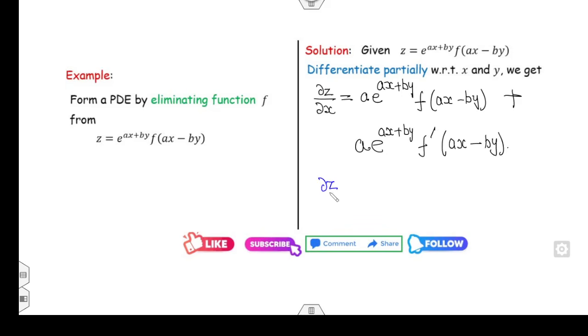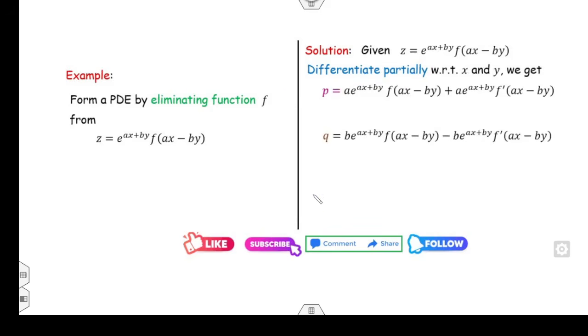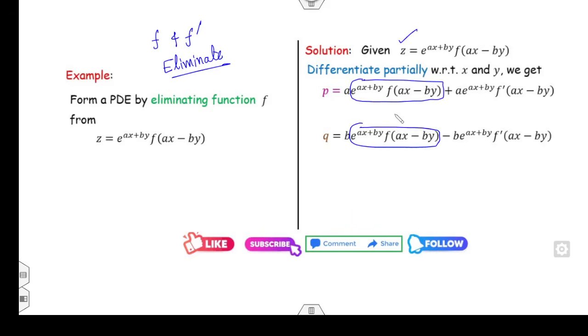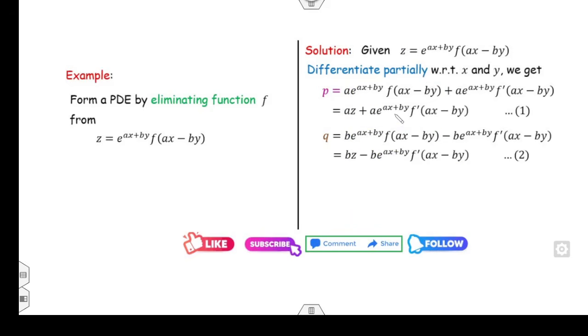Similarly you can find del z by del y, with respect to y. This expression is my p, this expression is my q. Now your target is to eliminate f and f prime from this. Fine, this is my target. So you see what the value comes to: that expression is my z, this expression is also my z.